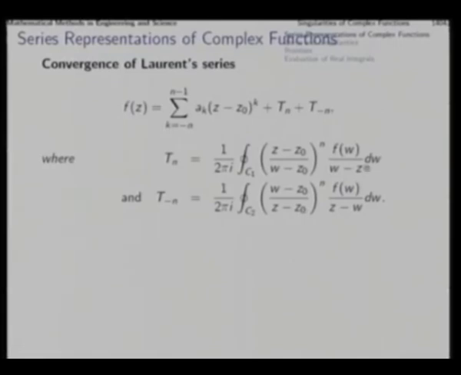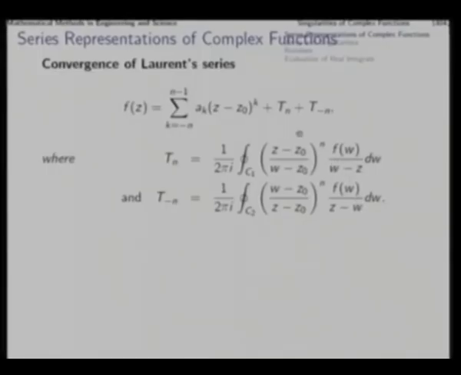Then, since f(w) is analytic and w minus z on the circles is finite, these cannot be infinite because the function is analytic, and they cannot be extremely small because they are finite, that is known already.